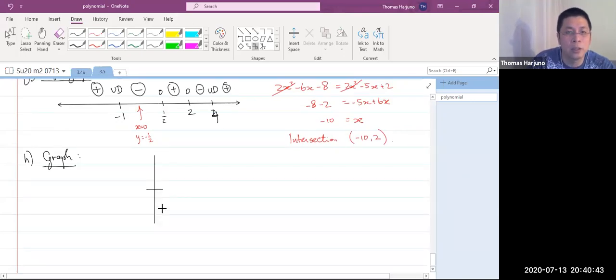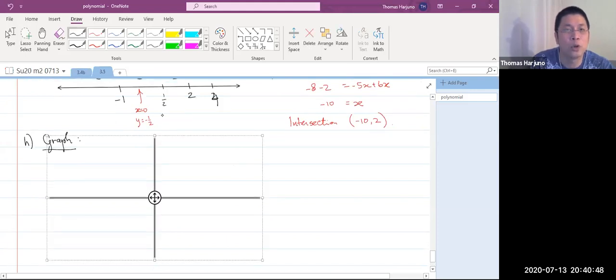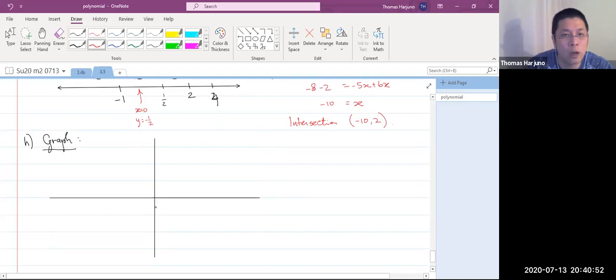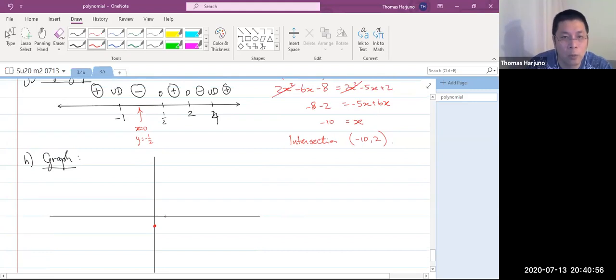Let's see. So the y-intercept is (0, -1/2). X-intercepts are (1/2, 0) and (2, 0).